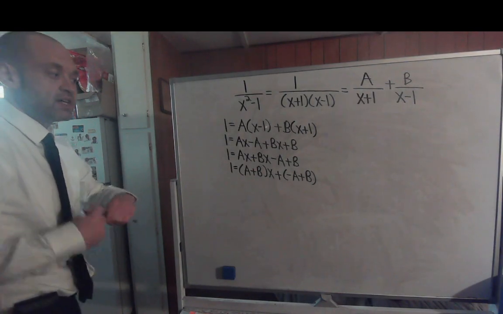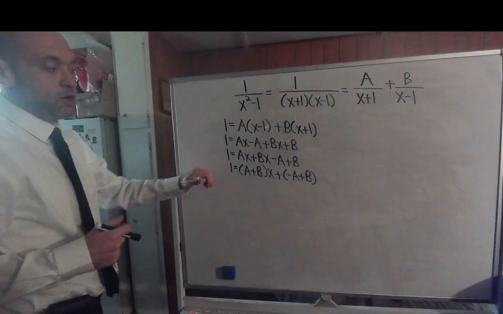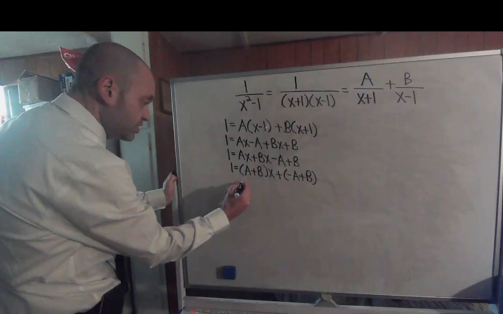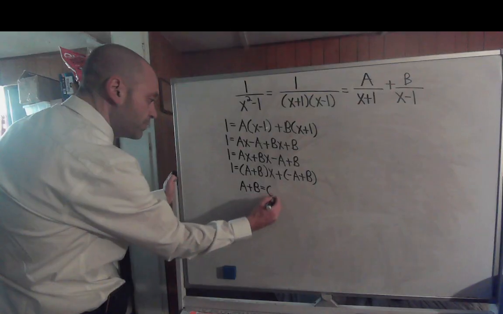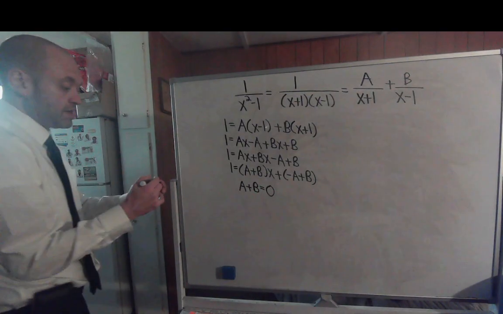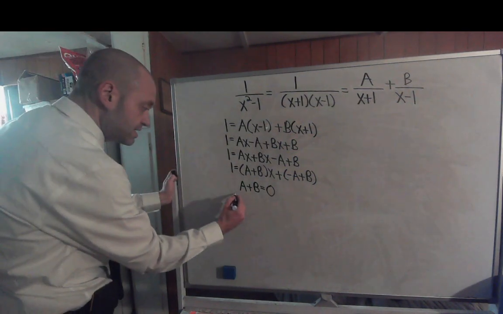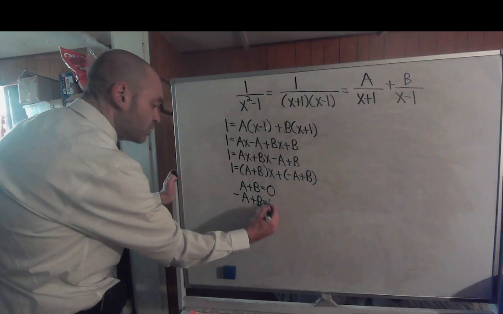All you have is a constant term. Well, your x to the first term would be 0. That would be like a 0x plus 1, right? So what you've got to do is take that a plus b and set that equal to 0, and then that negative a plus b equals your constant term. That means negative a plus b equals 1.